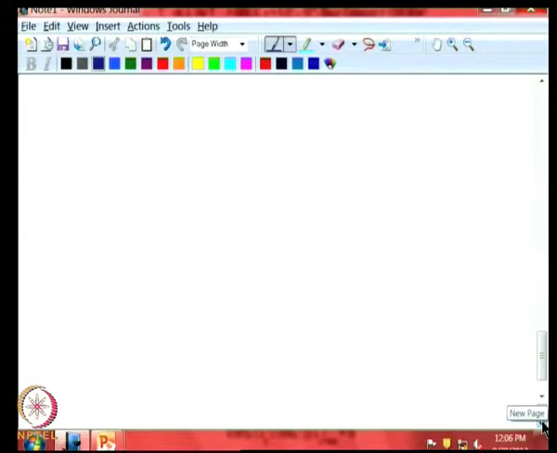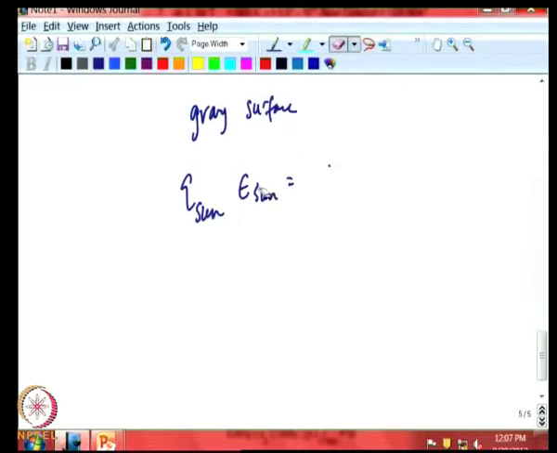So if you had a gray surface, then your equation will be q sun epsilon sun is equal to, I am sorry, q sun epsilon surface is equal to epsilon surface sigma T s power 4.